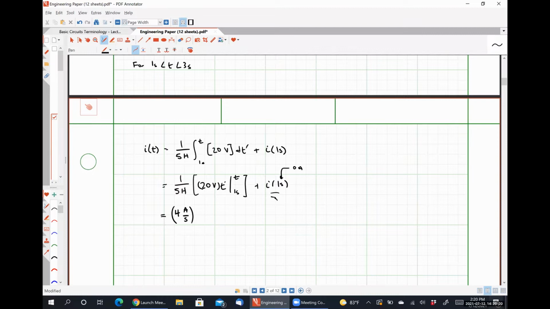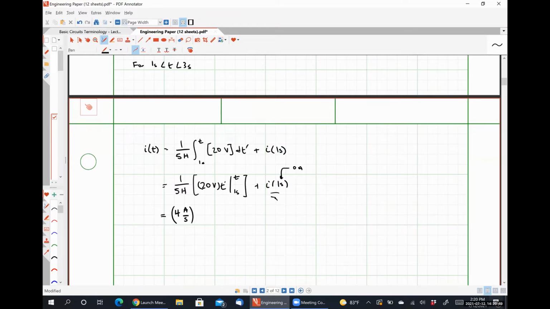If I had a definite integral on both sides, I would get a numerical answer which would only be valid at exactly t equal to 3 seconds. So if I want to know how this guy behaves as a function of time, then I need to leave time in my integral. Does that make sense? Yeah, I got it. Okay.